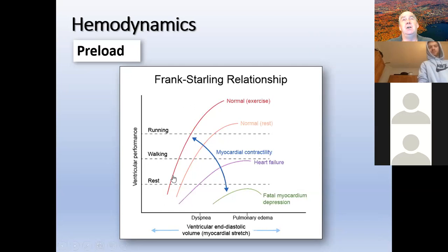Phosphorylation of phospholamban, it comes off the pump, more loading of calcium into the heart. So for all these reasons, you're getting a stronger contraction for the same amount of stretch.